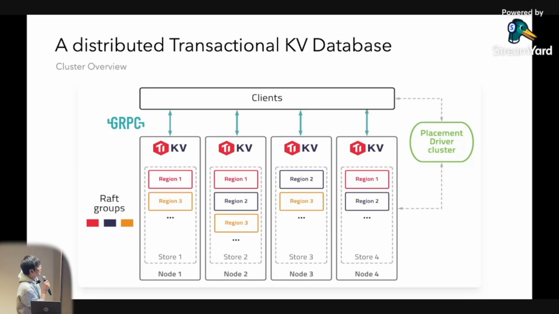We also have a placement driver cluster, which helps us maintain the metadata and schedule the Raft groups. When we use this key-value database, we go through the gRPC interface, and we build our distributed database upon this storage layer.